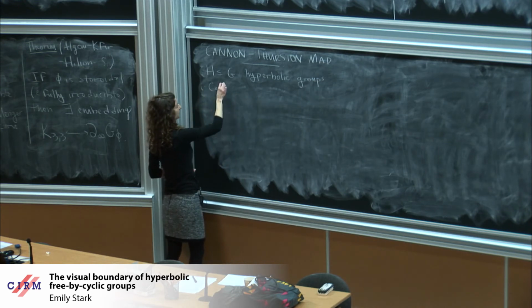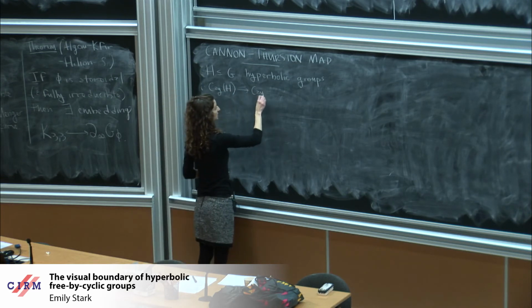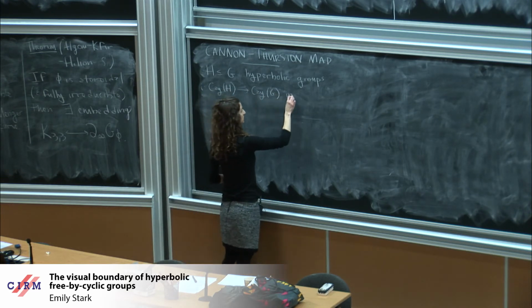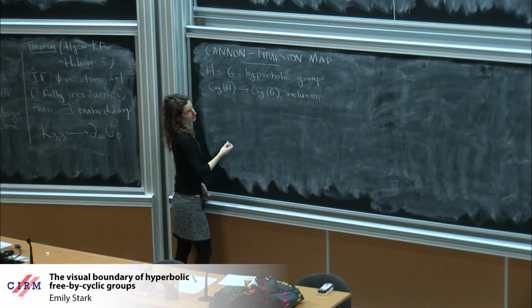Then choosing a generating set for H and extending it to a generating set for G yields an inclusion from the Cayley graph of H to the Cayley graph for G.